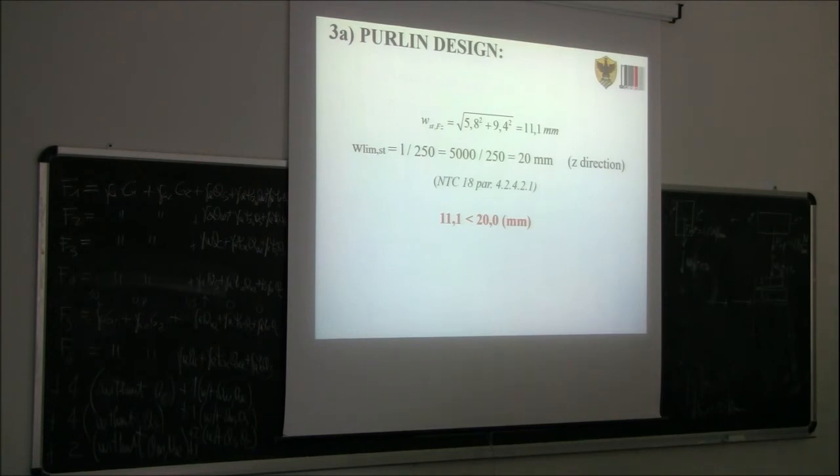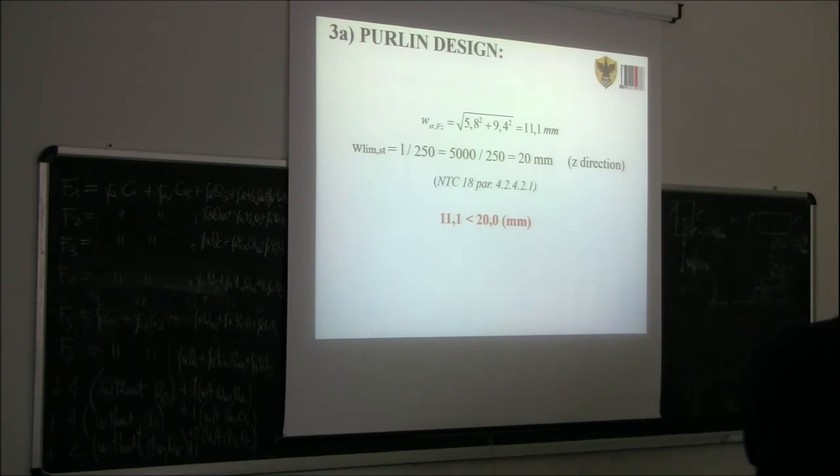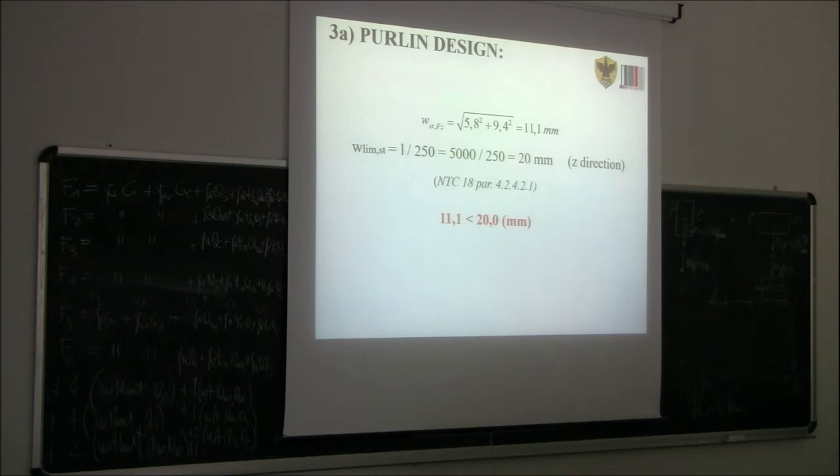It's a state regarding the functionality of the structure. So nothing is going to happen if you have 1 millimeter more. Okay? In this case, in your calculation report, you can also write down 21, more or less 20, so the deflection limit is satisfied. Something that instead it shouldn't be for the ultimate limit state, for legal problems. Okay? Is this clear?